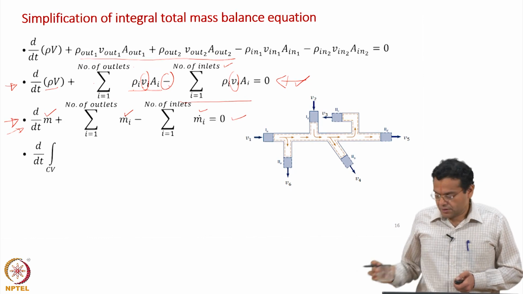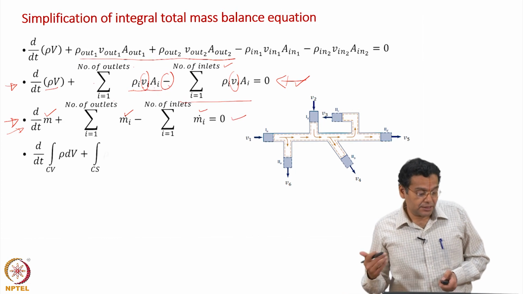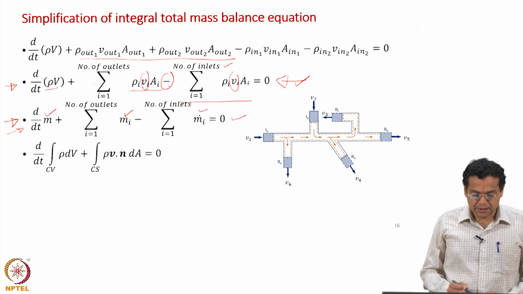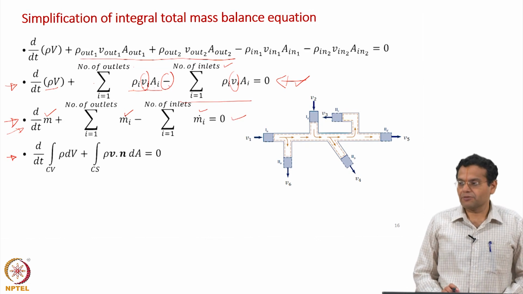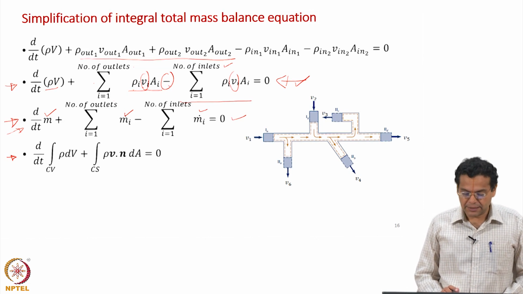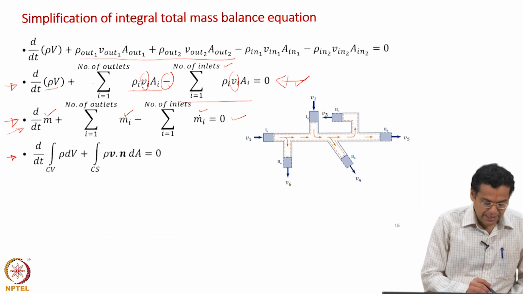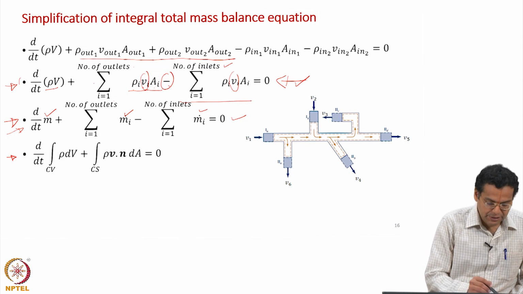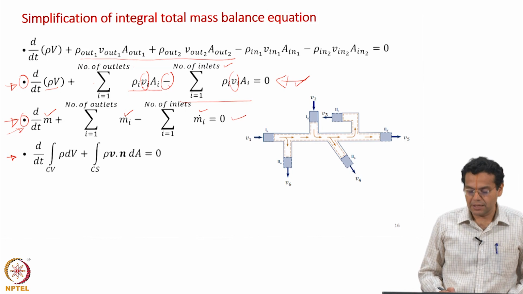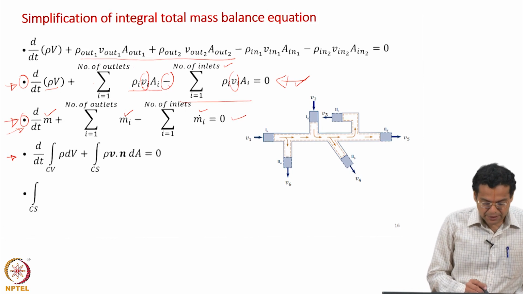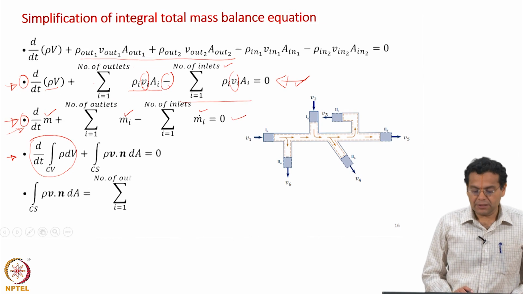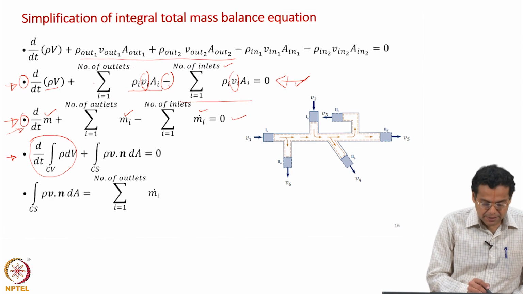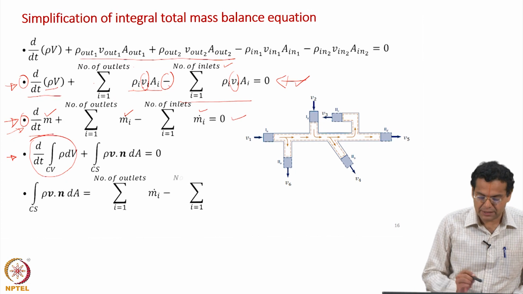Okay. So, just to summarize what we have done, we started off with this equation, the most general form of the integral total mass balance, and then we have expressed that either in terms of this equation or this equation. Okay. This particular term, rate of change of mass within the control volume, is represented by the first term here analogously.